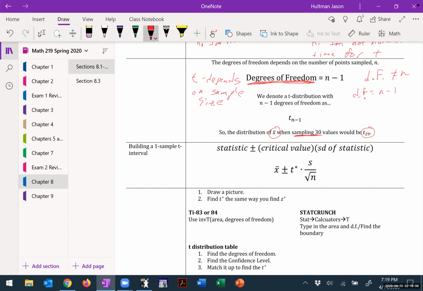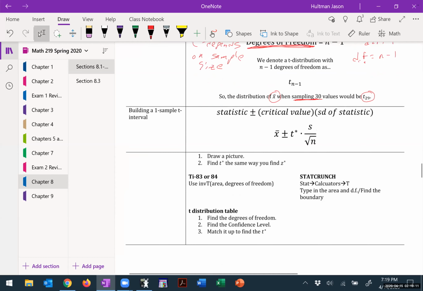We reference t based on its shape, and it's the 29th shape in the series. It's a family of curves, what we call a family of curves. Again, it's not that important that you know that. Just know how to work with it: there is something called degrees of freedom, and it is n minus 1.